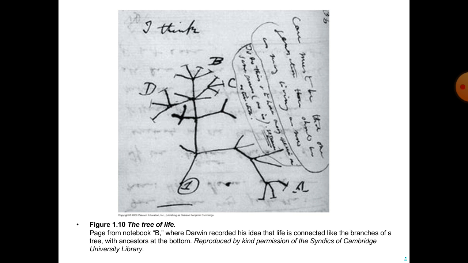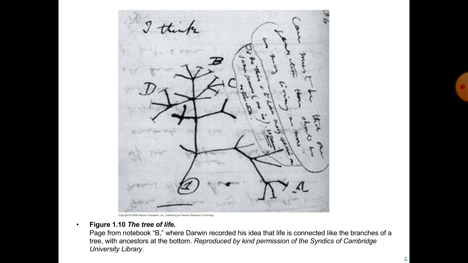Now, this is the tree of life. Maybe at that time, Darwin thought today's species are descended from older or extinct species. If so, then all species are connected to one another in a family tree, just like what we have here in the picture.